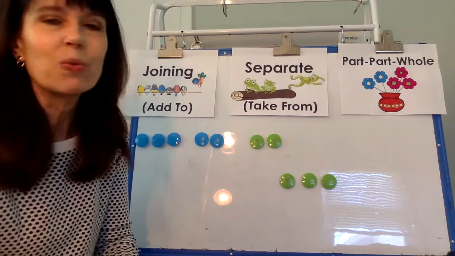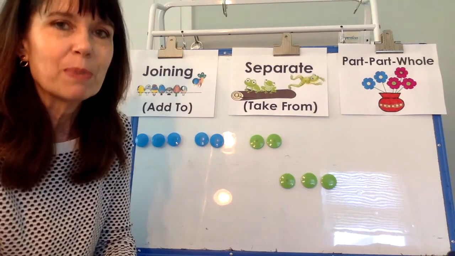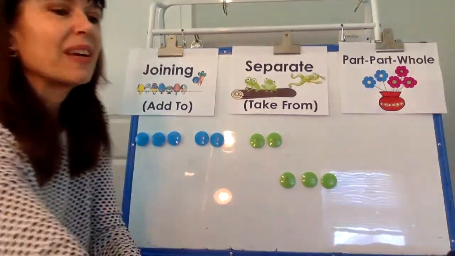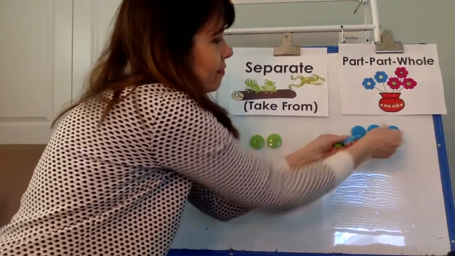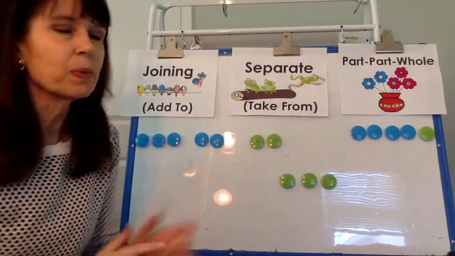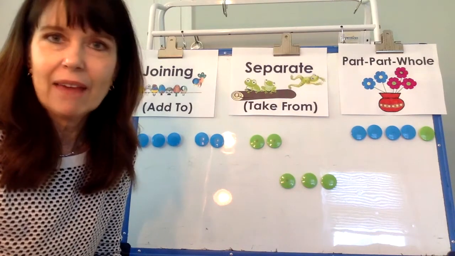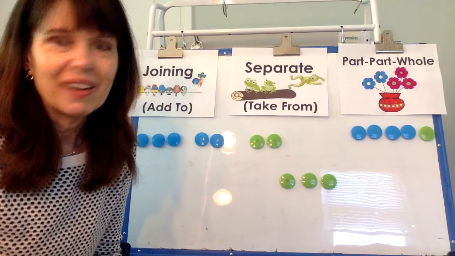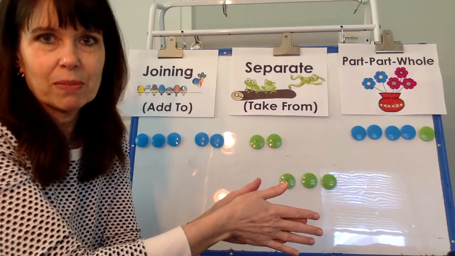Now I'm going to give you one more problem, and this is going to be still about marbles, but it's going to be a part, whole problem. All right, I have a marble collection. 4 of my marbles are blue and 1 is green. How many marbles do I have all together? All right, in that problem, I didn't add any marbles to my collection.